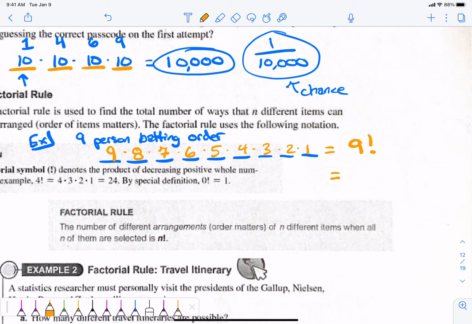Some of you have done this in algebra. Let me know if you can't find it on your calculator, and we'll find it now. It's under the math button, under PRB, where the NPR and NCR are.